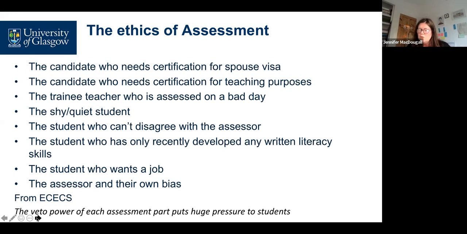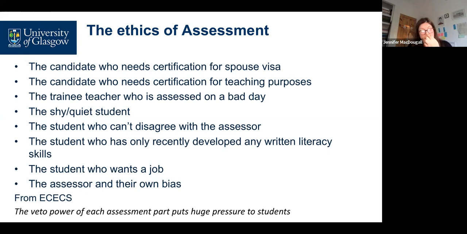What about students who've only developed literacy skills? How do they cope with all the assessment literacy that exists? Whether it's spoken or written, it's still literacy that they have to deal with. And ourselves and our own bias, how do we deal with that? How do we work out what makes us assess people in a certain way?